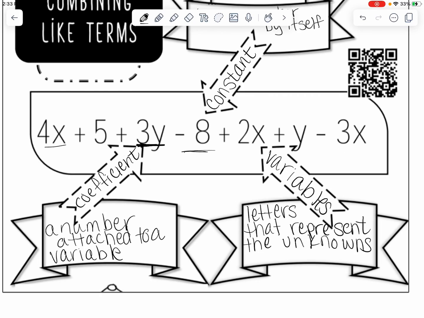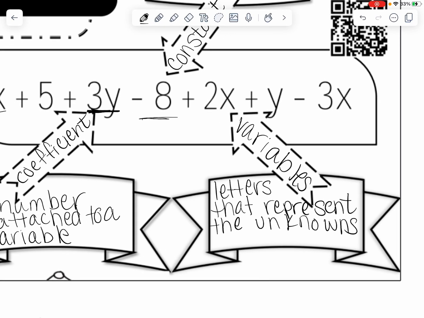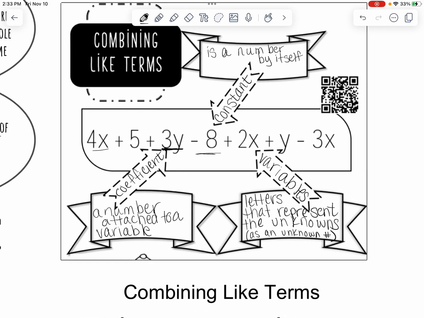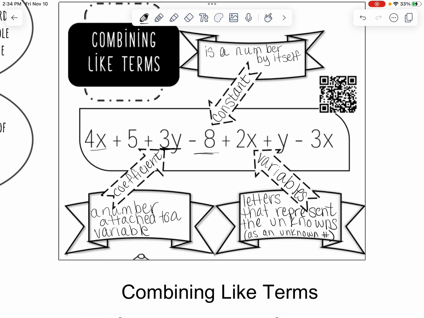An example would be an unknown number. So letters that represent the unknowns, as an unknown number. Hey, and when I'm talking about combining like terms, a variable stands for an unknown number, but we do not know what the unknown number is.